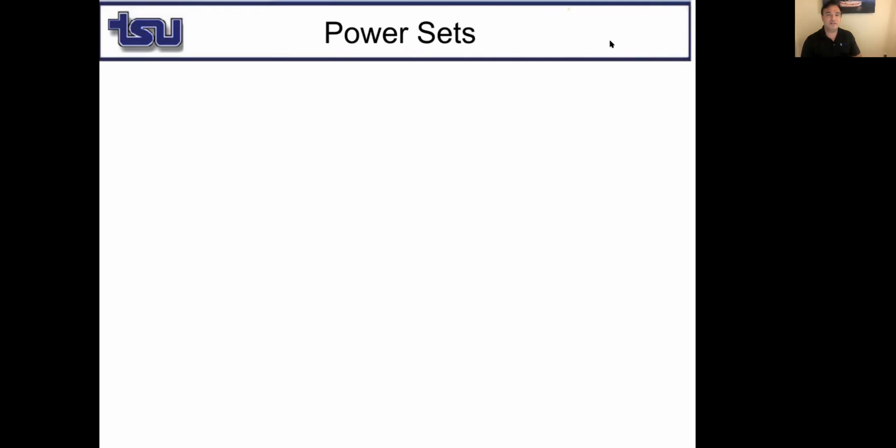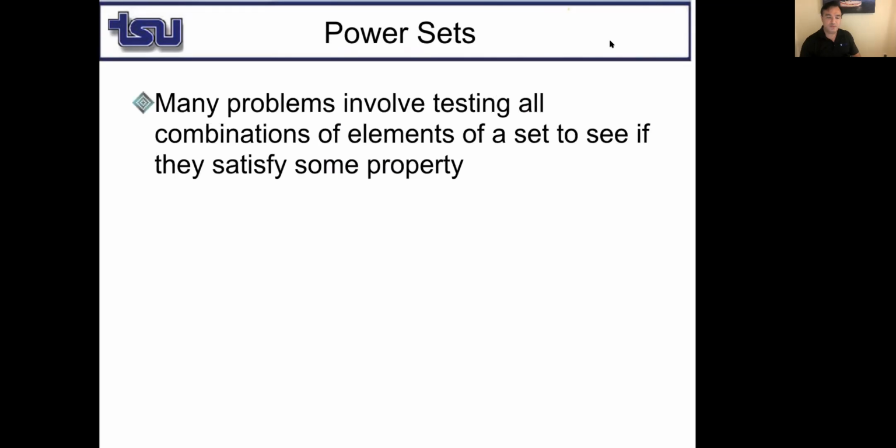Power sets are very useful because there are many problems in computer science that involve testing all combinations of elements of a set. For example, let's say A is {a, b, c}.